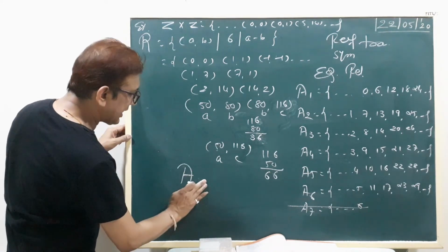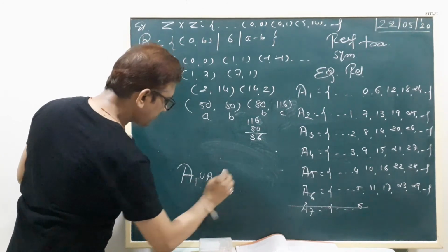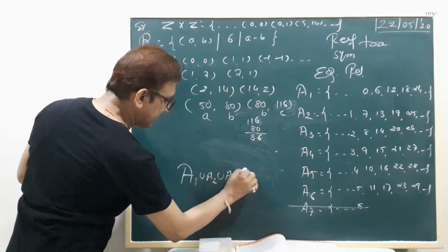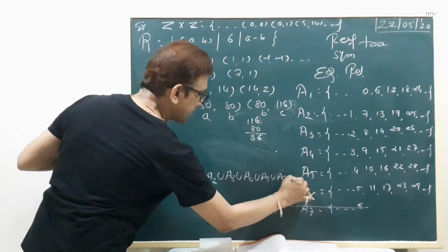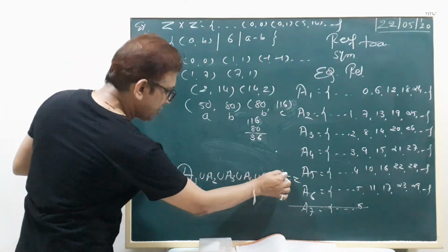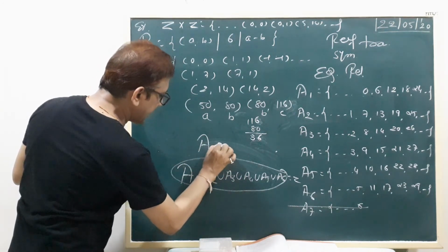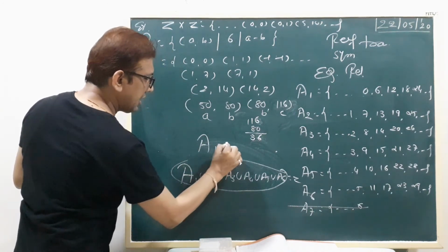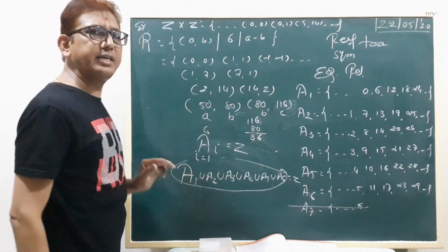First we write completely A1 union A2, union A3, union A4, union A5, union A6 equal to Z. But in short form we write union of AI equal to Z, where I equal to 1 to 6.